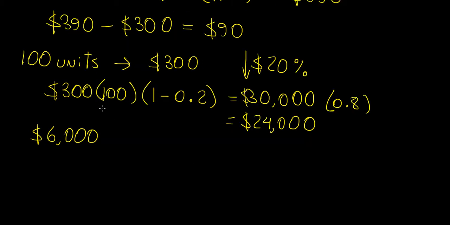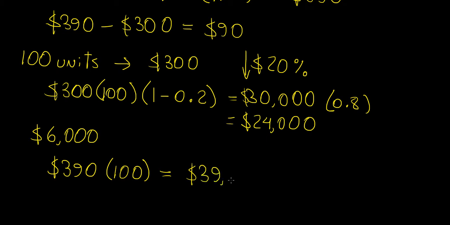So here's where the actual good thing comes in, because if you're the owner of the business, you can say, I still want a 30% profit on each of the units. That means you're going to sell each unit for $390. And if you manage to sell all 100 units, then you're going to accumulate $39,000.